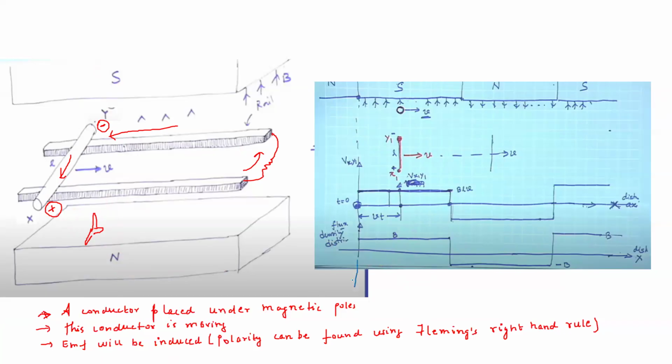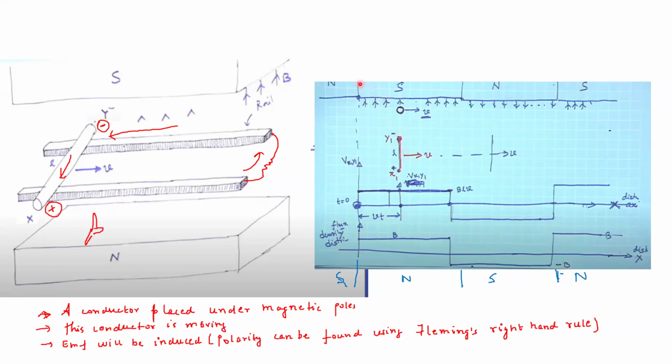Here you have south pole at the bottom, then north pole, then south pole, and north pole. If at the top you have south pole, then at the bottom you have north pole. Similarly, if at the top you have north pole, then south pole, then north pole, like this.